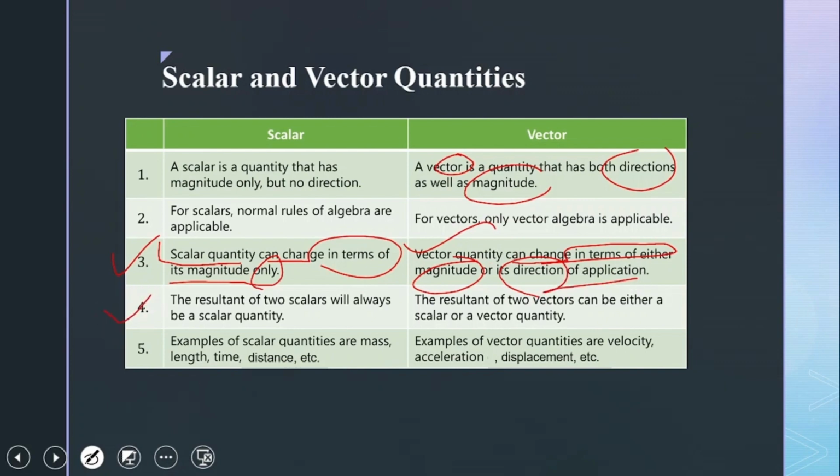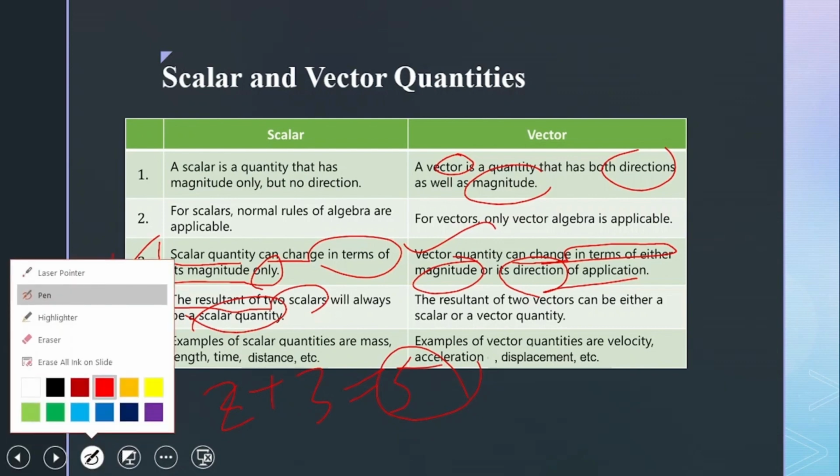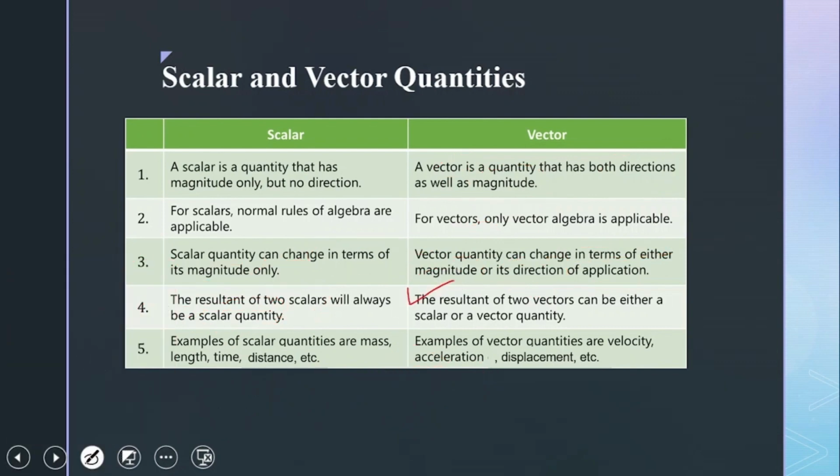Number four. The resultant of two scalars will always be a scalar quantity. Resultant means if we add two scalar quantities, that will be a scalar quantity. But the resultant of two vectors can be either a scalar or a vector quantity. Number five.